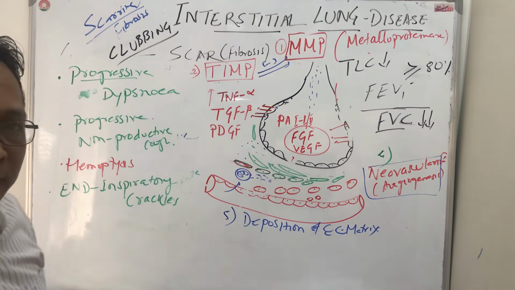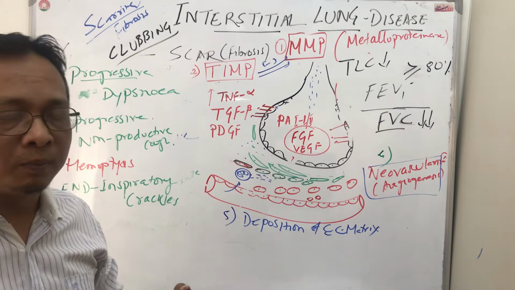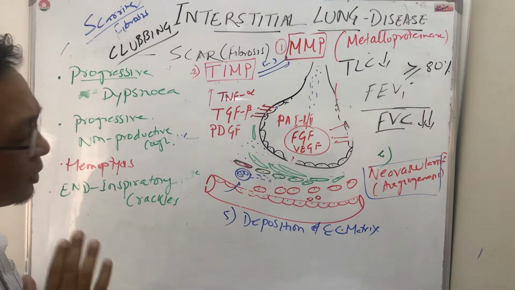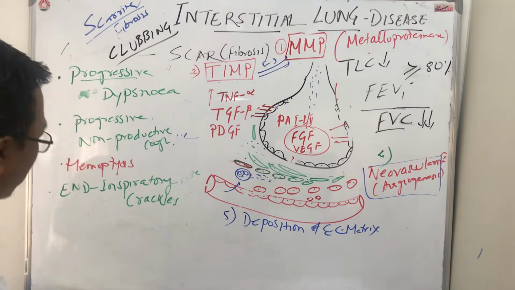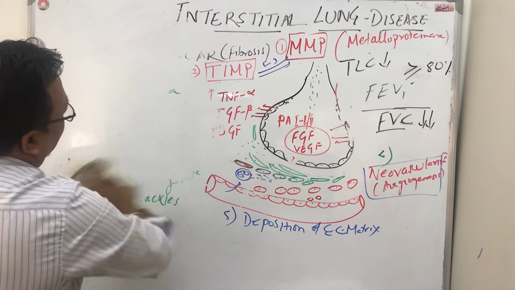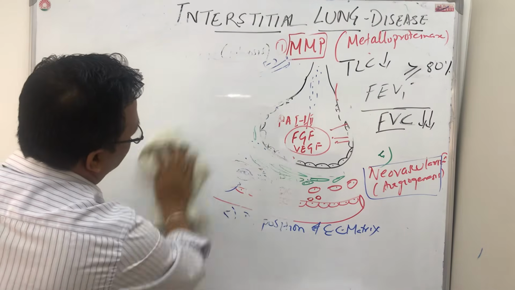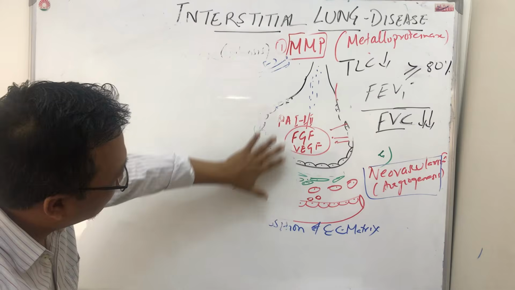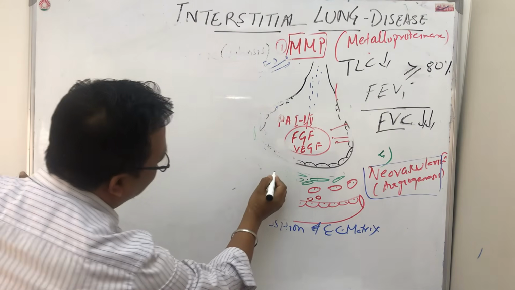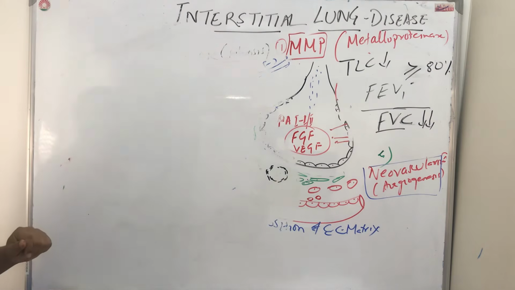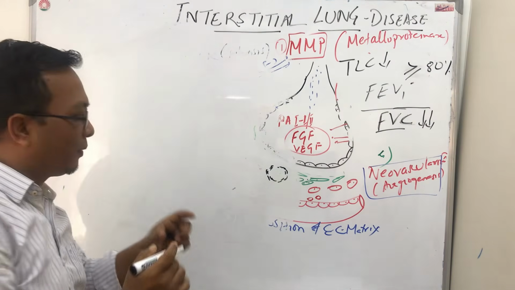The best classification, when I did research in many textbooks like Davidson and other internal medicine textbooks, the best classification I got is from the Harrison textbook. In the Harrison textbook, the classification is mentioned. Now here, in interstitial lung disease, there can sometimes be development of granuloma also. What is a granuloma?